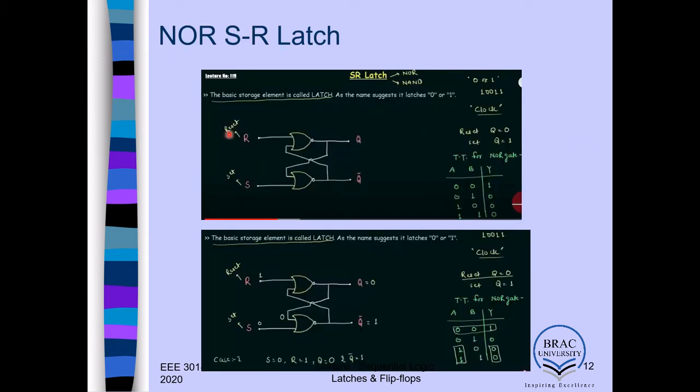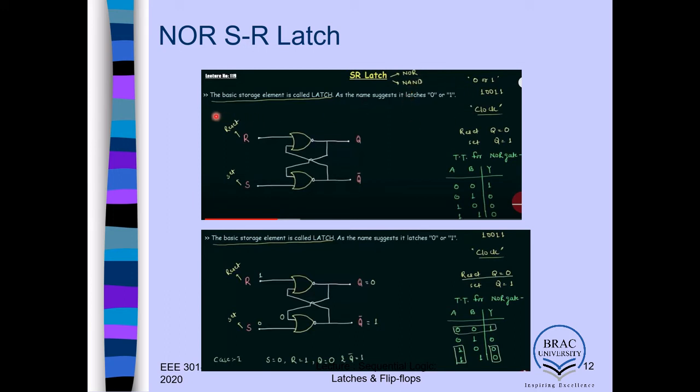So now here we'll describe how we get the latches of different values. As we already discussed, latches could be of two types: one is NOR latch or NAND latch.